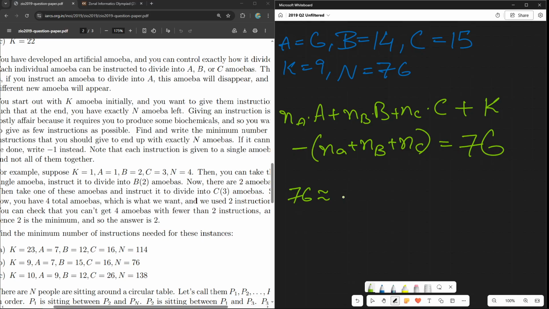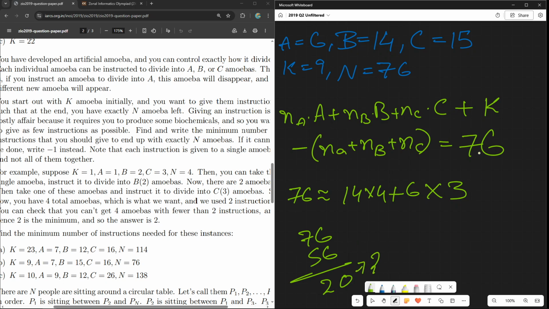Yeah, 56. 76 minus 56 is 20. We can take 6 into 3, so the remaining will be 2, and what will be k minus 7? That will be 2, yeah.